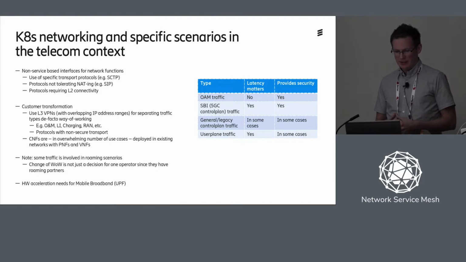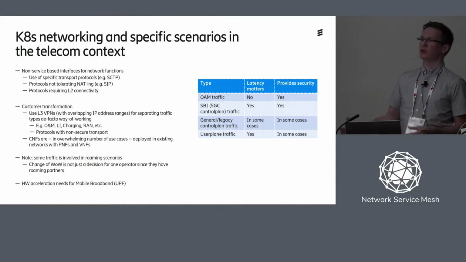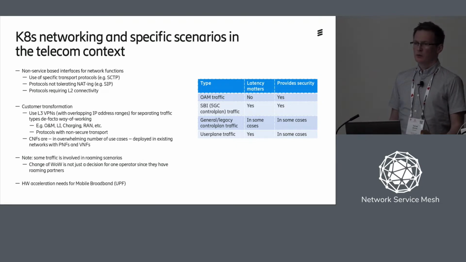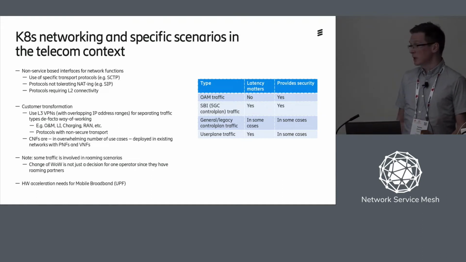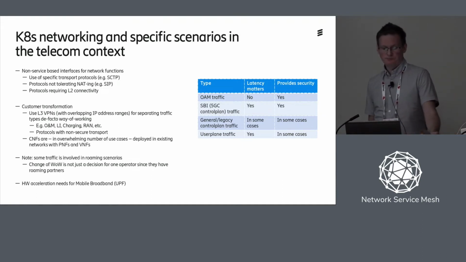Anyway, so we have to deploy these cloud-native applications into environments where we have all sorts of legacy VNFs and physical network functions as well. Those naturally have their way of communicating, and those will not change just because we decided to do cloud-native for 5G.